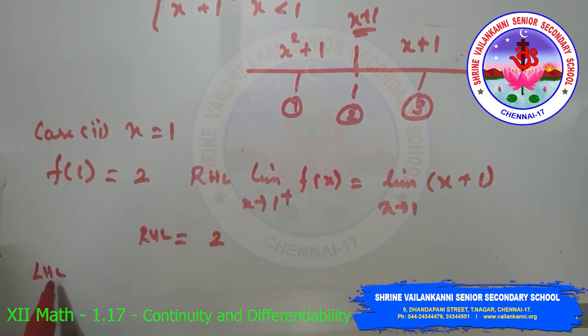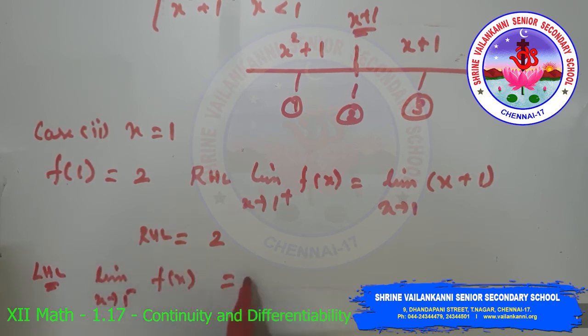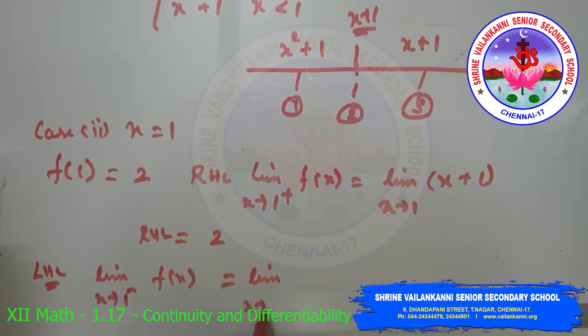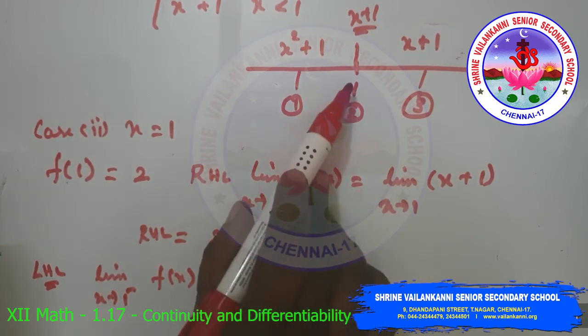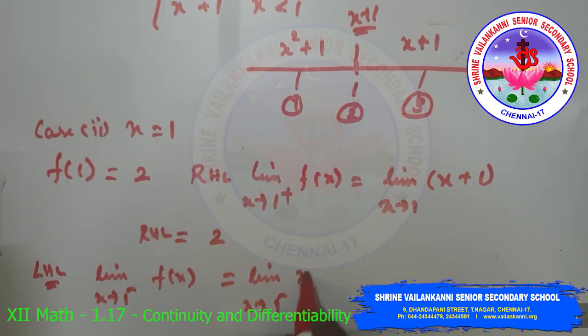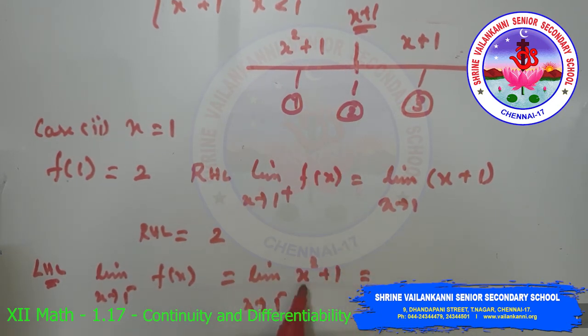Then the left hand limit, x tends to 1 minus f of x, which is equal to limit x tends to 1 minus, to the left of 1 we have x square plus 1. To get the limit, 1 plus 1 which is 2.